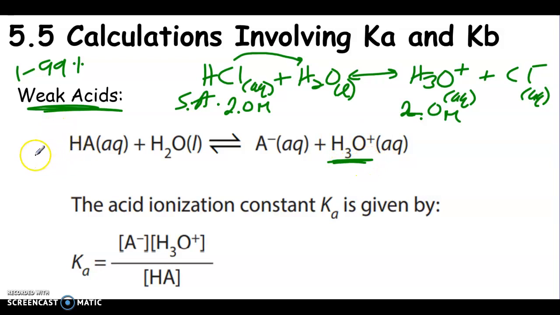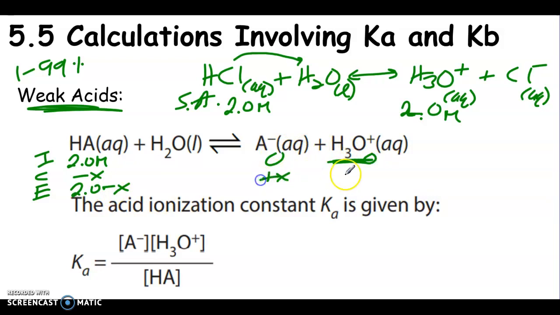So let's say, for example, initially I had 2 moles per liter of our weak acid. Well, now we would have to do 2.0 minus X, and then our products would be plus X, right? So we would have to set up an expression, which is where our Ka is going to come in, in order to determine what our X value is.